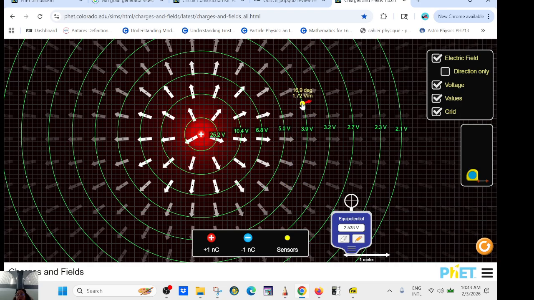The electric field is always perpendicular to the equipotential. So you have to think of voltage like altitude, like contour lines. The electric field is showing you the steepest slope. And if you take calculus, the steepest slope is called the gradient. So the electric field will be the gradient of the potential.